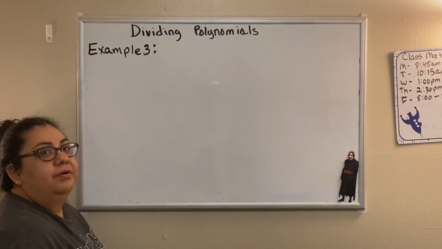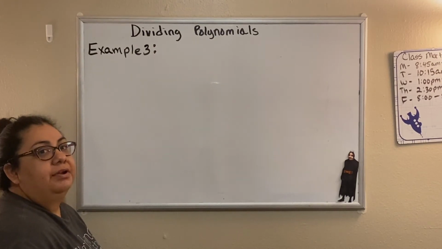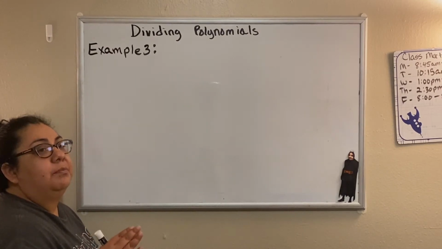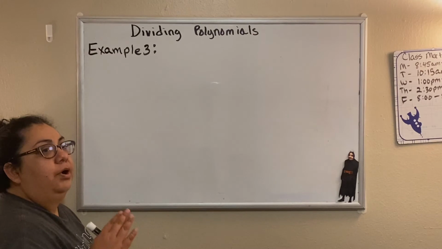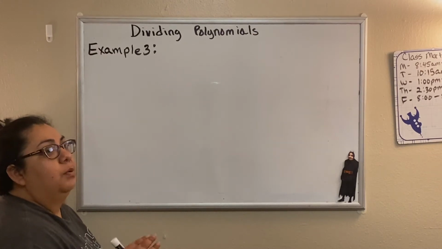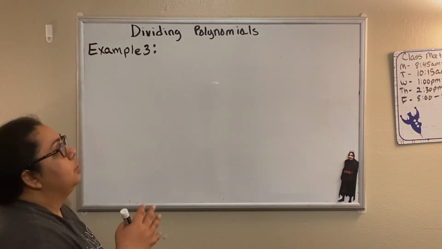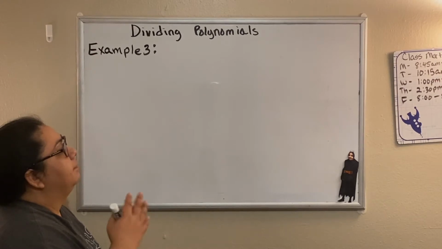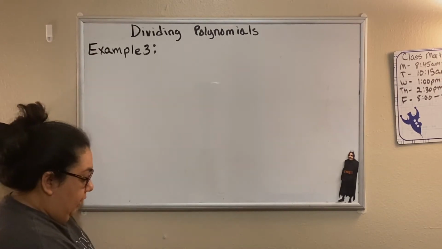Okay, in this video, I'm going to show you how to divide when you have more than one term. But before we get to that example, I want to show you one more example with monomials. But this time we're going to use a larger variety of variables and exponents.